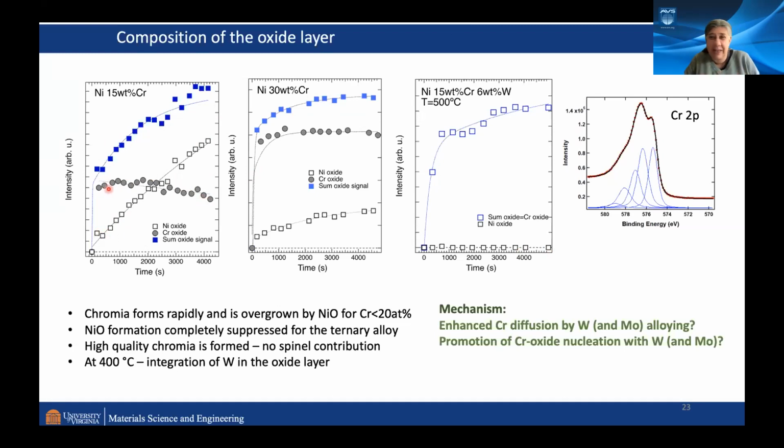You remember these are the little clusters which hang out on all the terraces, which I showed you in STM. However, it does not continue to grow as fast. The nickel takes over. You probably also run out of chromium supply from the bulk, and the nickel oxide will overgrow the chromia. Therefore, the chromia signal is damped over time.